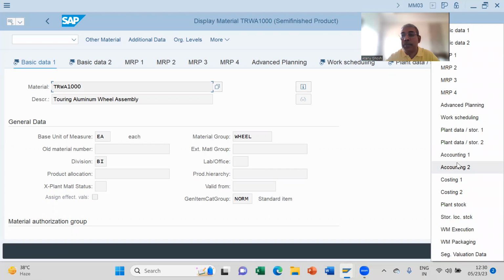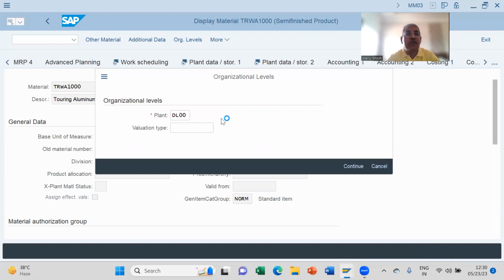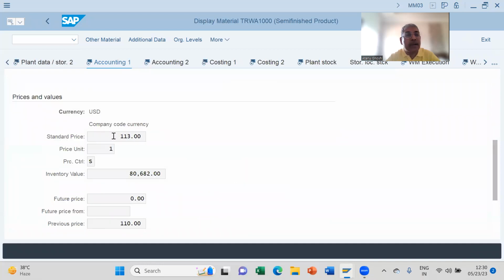We'll get the values in the accounting view. It is specific to a plant, so we give the plant code. So you see the standard price of, say, the semi-finished good is 113 rupees.